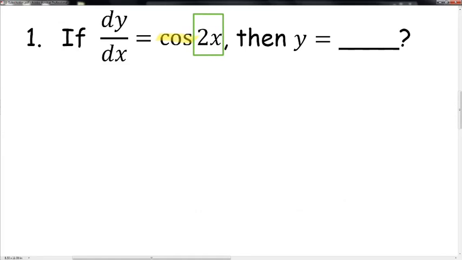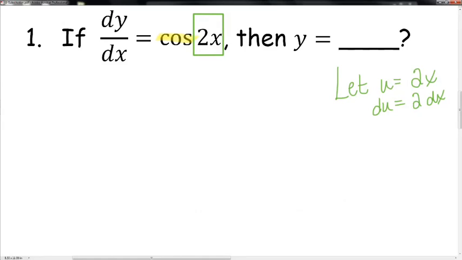So I'm going to let u equal 2x. Well, if I take the derivative of both sides, the derivative of u gives me du. The derivative of 2x just gives me 2, and then the derivative of x.